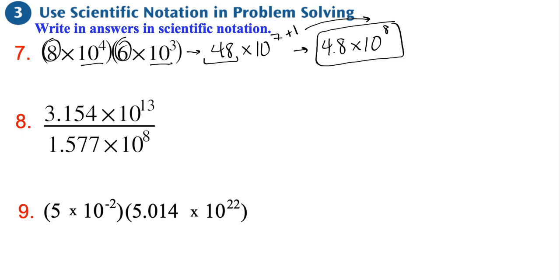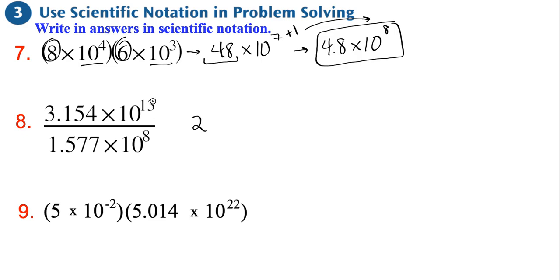Okay, looking at division. Okay, we treat our normal numbers like normal numbers. We're just going to divide those out. So 3.154 divided by 1.577 is a 2. Okay, and then we have a 10 to the 13th divided by a 10 to the 8th. Remember what we do with exponents when we're dividing the same base.